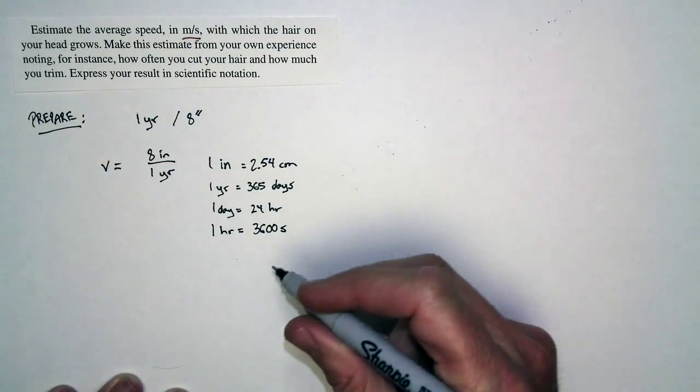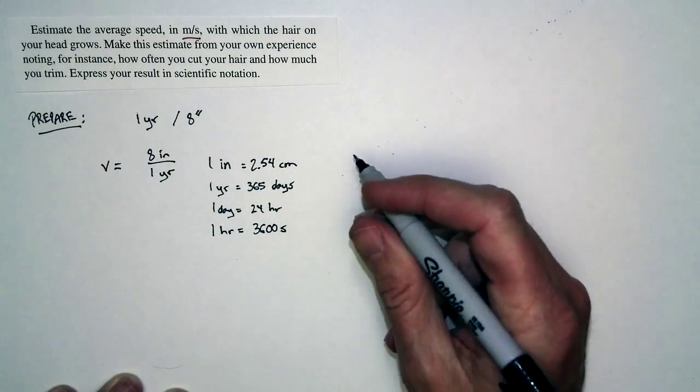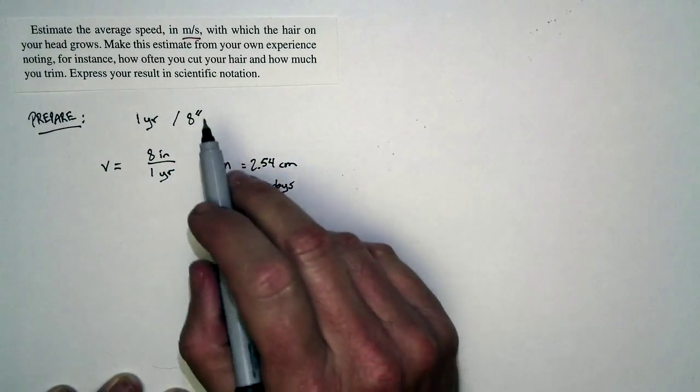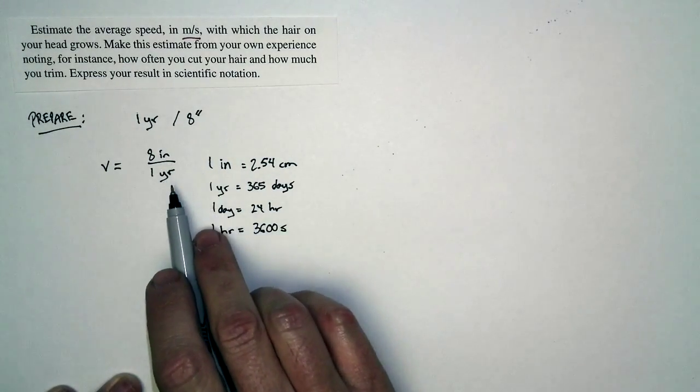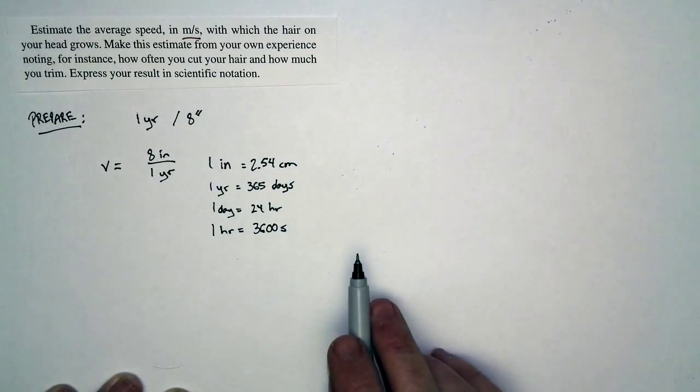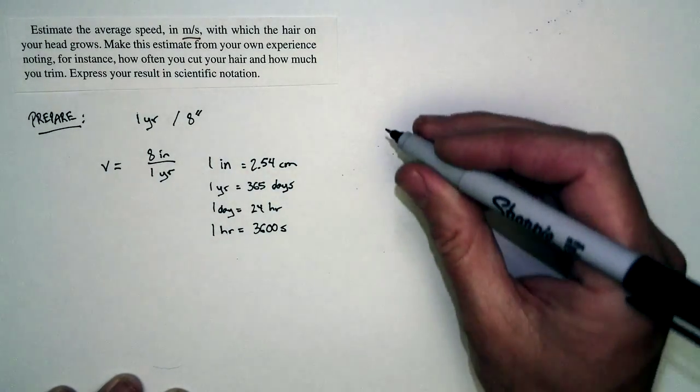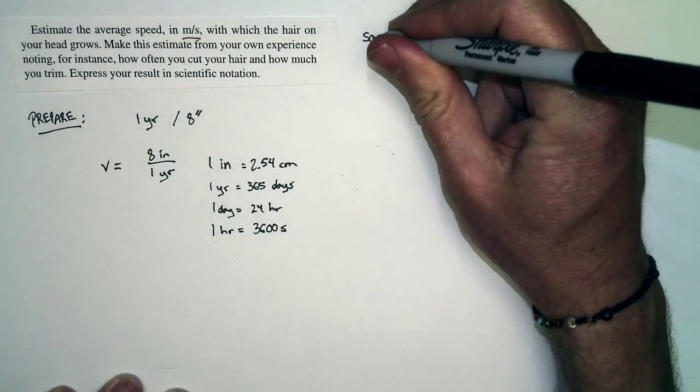So with these conversions in hand, we'll be able to make the conversion from a speed in inches per year into a speed in meters per second. That's going to be our solution.